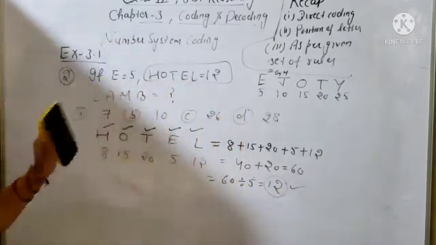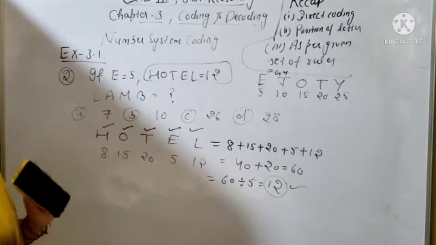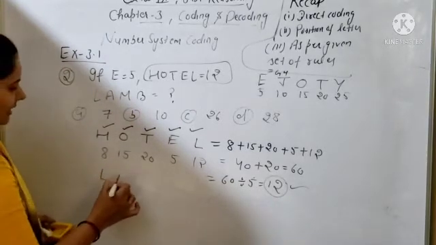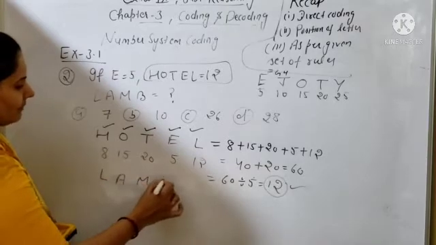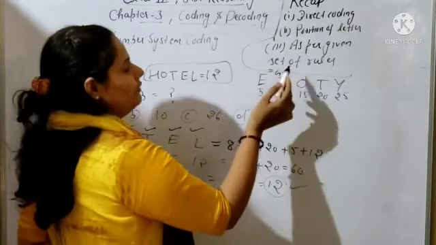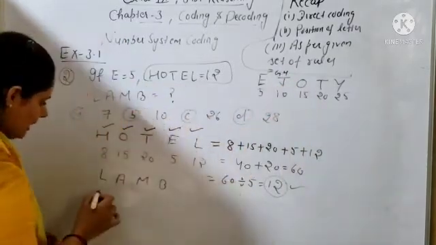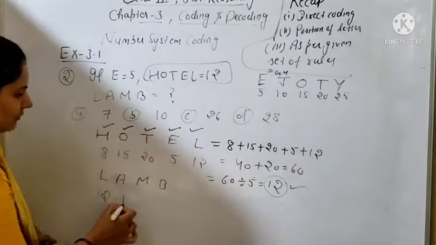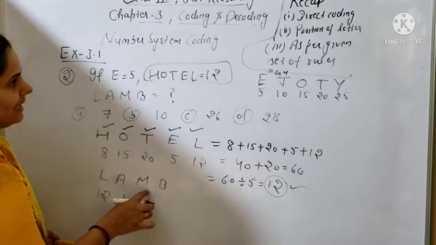So the same rule you will apply in LAMB also. First you will write LAMB and the position of each letter. L will be at which position? After J it will be K and L, so L position is 12. A position is 1. What is the M position?